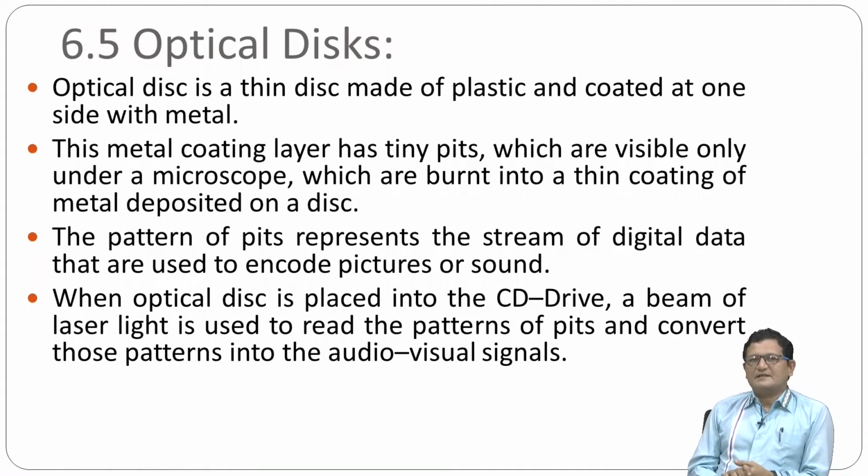An optical disc is thin and made from plastic, coated on one side with a metal. Basically, it is like a mirror, right? In a mirror there is a glass, and the other side of that glass has a reflective layer of metal.